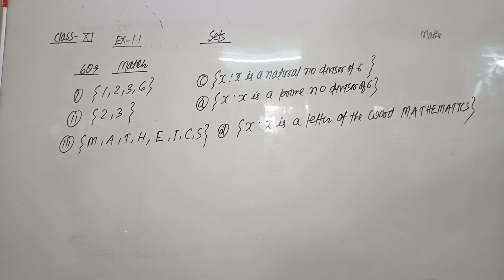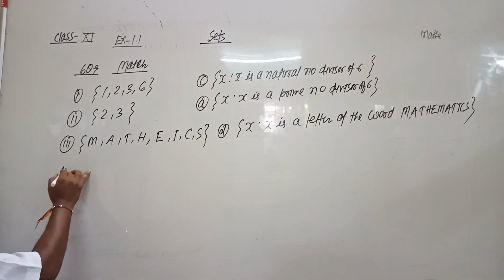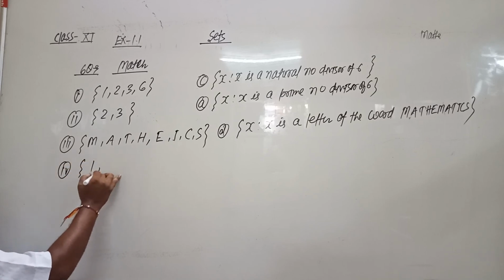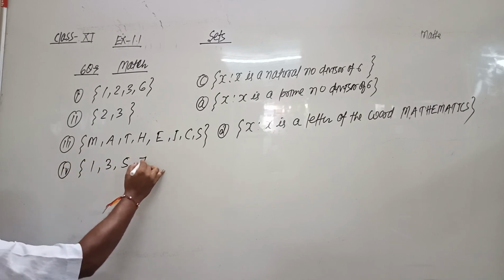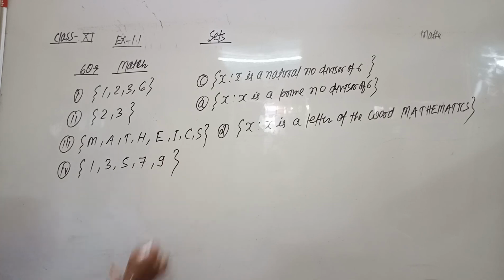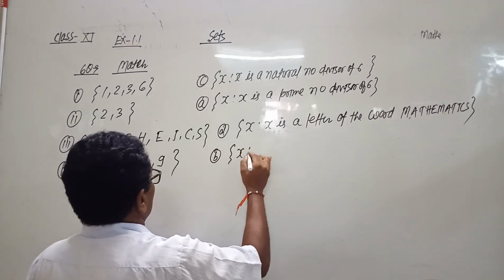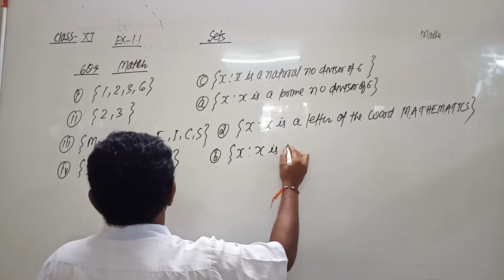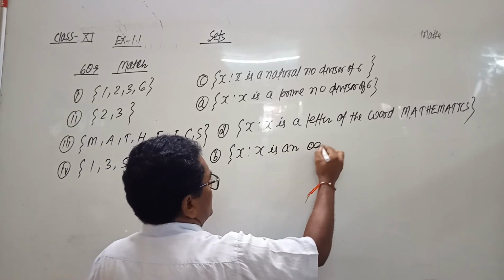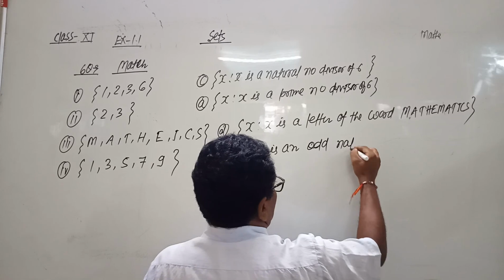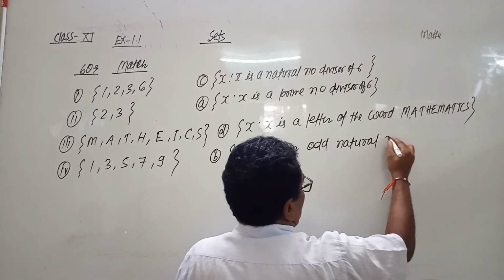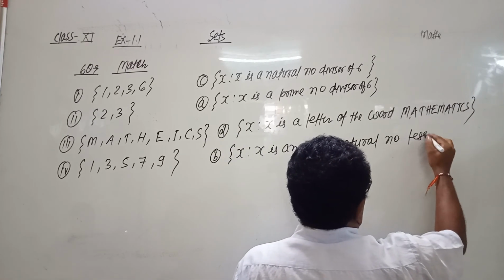Then 1, 3, 5, 7, 9. And its match is B. X such that x is an odd natural number less than 10.